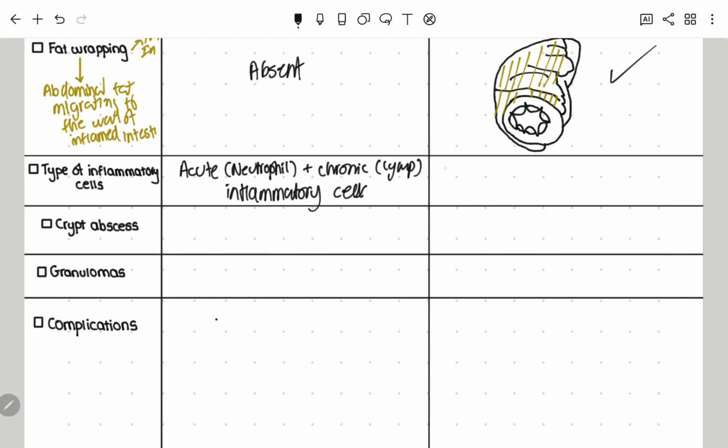Compare this to Crohn's disease, which is relatively more long-standing. You will see chronic inflammatory cells present in abundance.